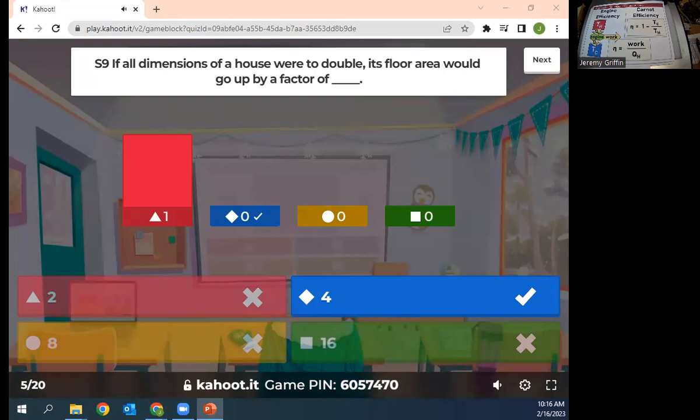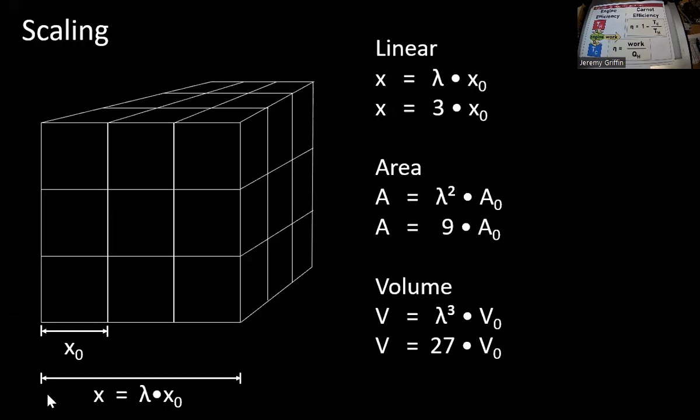Now this one, okay. Do you guys remember this scaling right here? Now I'm not showing factor 3 here, but it's the same idea. So anything related to area is going to be that linear factor squared. Floor area is an example of area, right? So if you double the width of a house and double all the other dimensions, 2 squared is 4. So it's got to be 4 times.